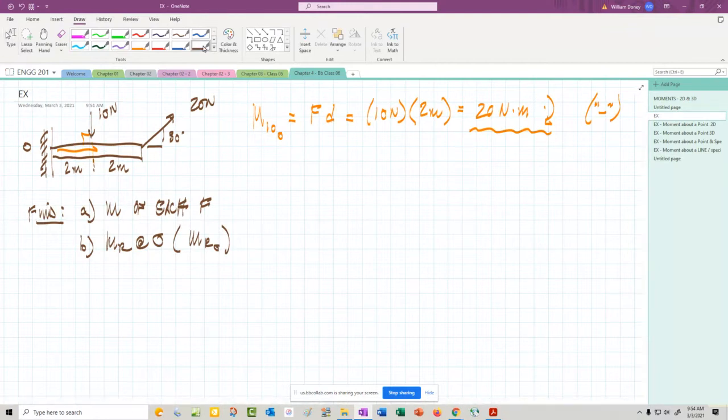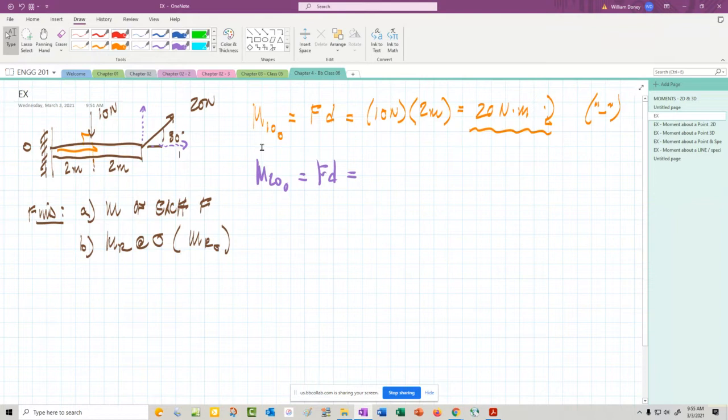All right, so that's the moment of the 10. What about the moment of the 20 about O? Again, force times distance. That force, however, is not perpendicular, so because of the angle, we have to put it into X and Y components.